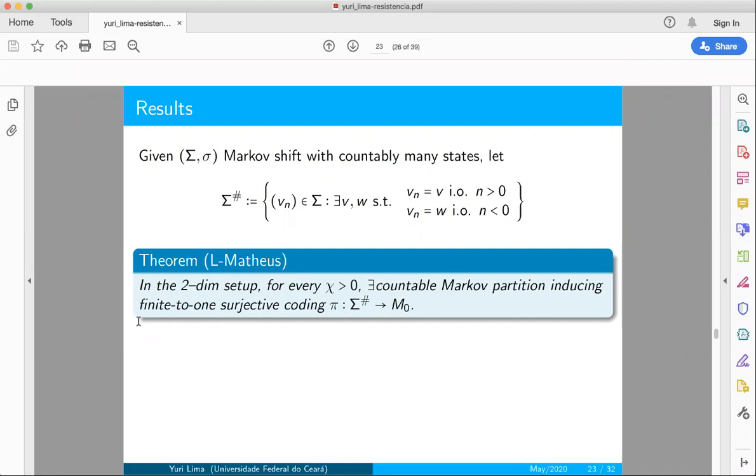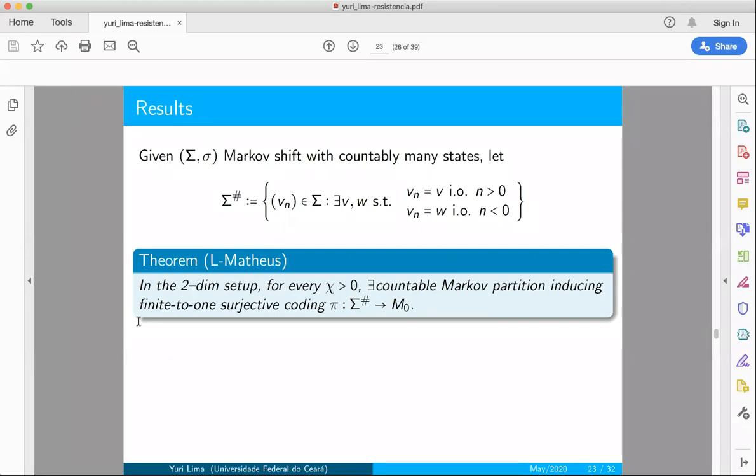And also, if you restrict to the recurrent sequences, then this map is actually going to be finite-to-1. So this is rather satisfactory because sigma sharp is defined only in terms of recurrence.